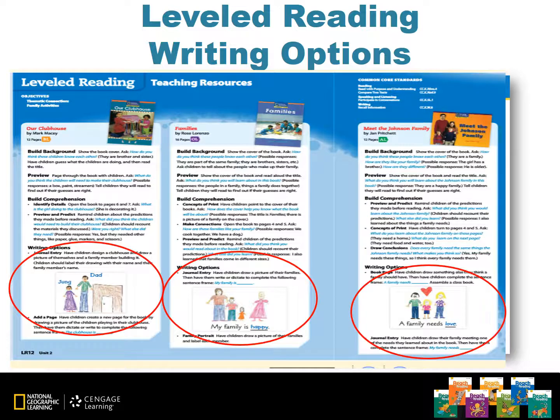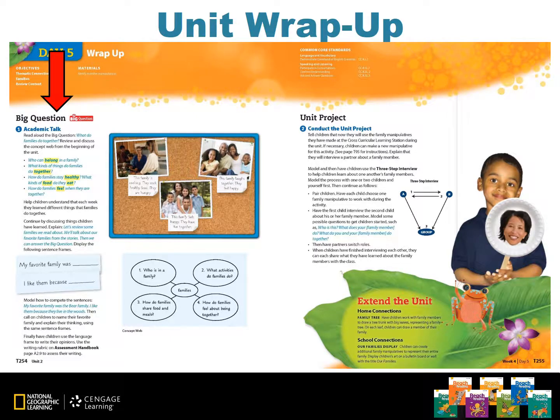And there's writing options for every single text. The unit wrap-up brings students back to the big question as they share their ideas. This includes a variety of ways for students to show their learning, including their writing.